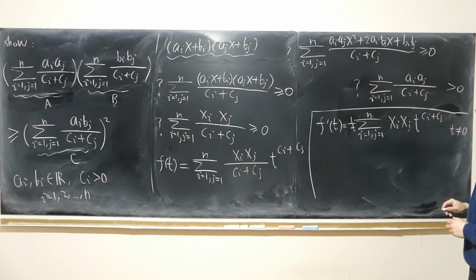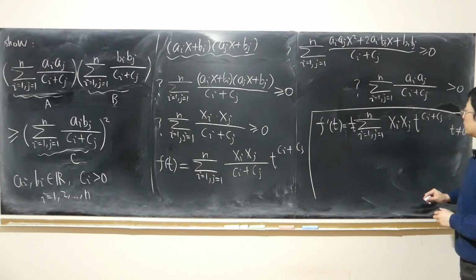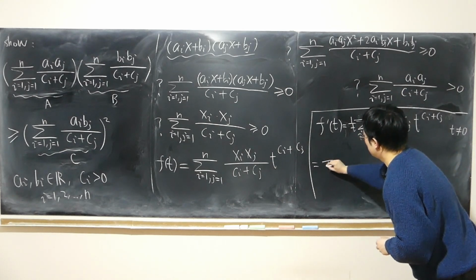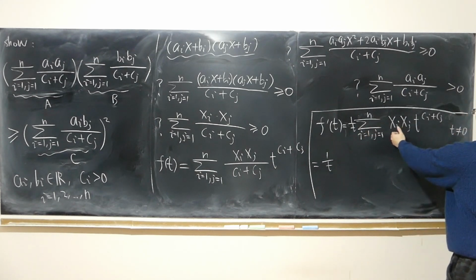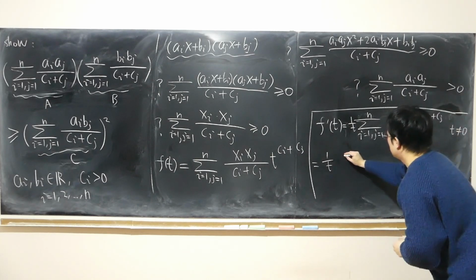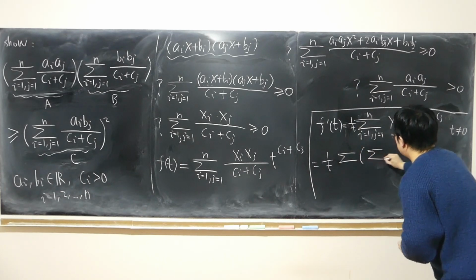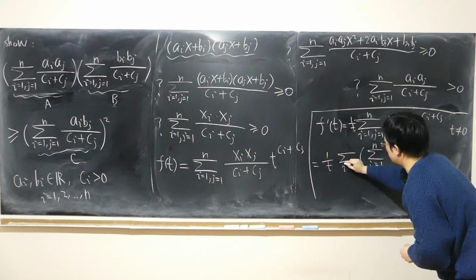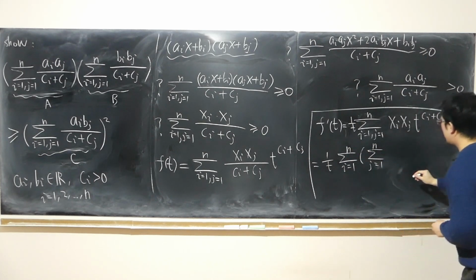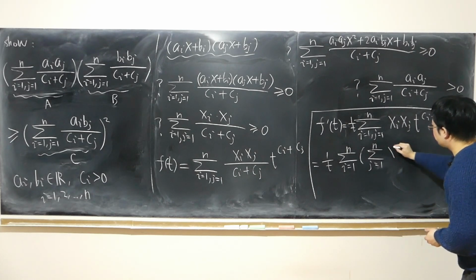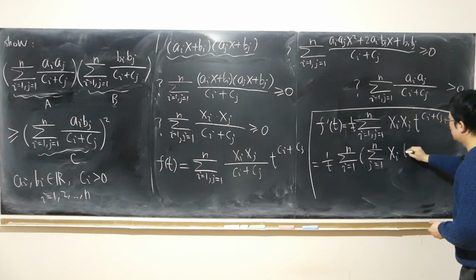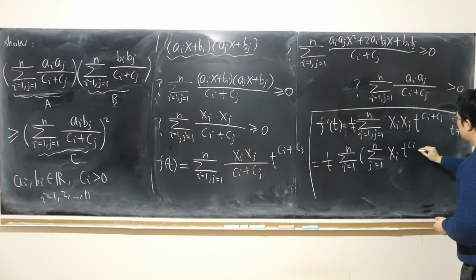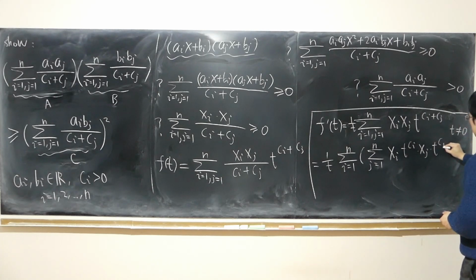But the fact is that, first of all, this double sum, how can we rewrite this double sum? Perhaps let's first sum with respect to j, then sum with respect to i. Here we rewrite it as xi times t to the power of ci times xj times t to the power of cj.